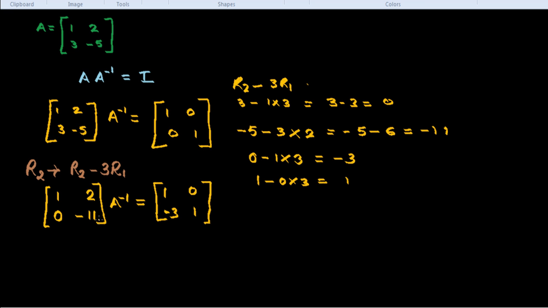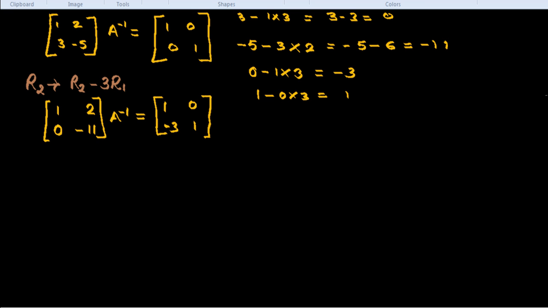Now we have to convert this minus 11 into 1, because in any column first we have to make 1, then we convert the other numbers to 0. It is a very simple process to convert any number into 1. So R2 tends to R2 divided by minus 11.